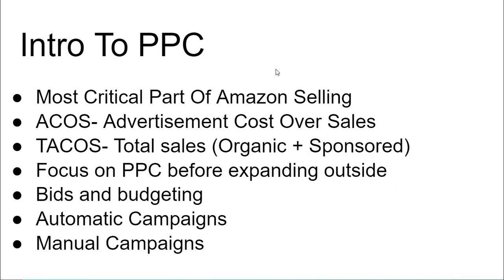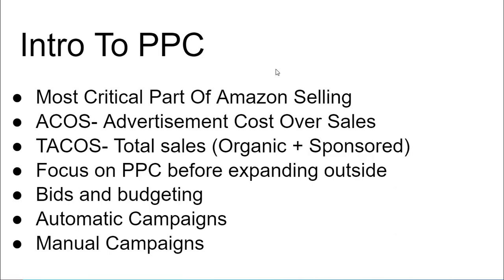It is called total ACOS, covering your total sales, both organic and sponsored. Our basic purpose of running Amazon PPC ads is to have more organic sales and fewer sponsored sales.